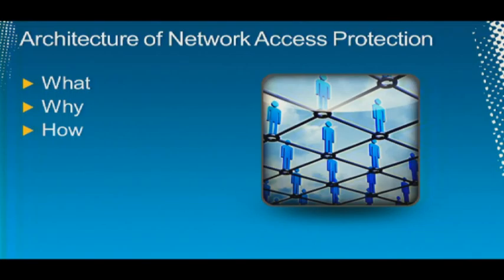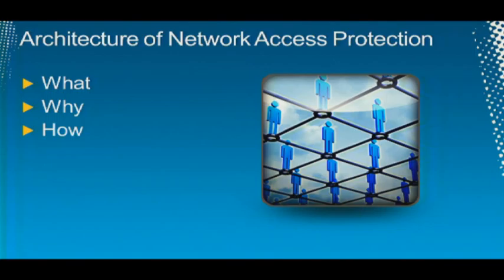So I guess we've got to start with the obligatory 30,000 feet slide. Why do we want to do Network Access Protection? What is it? It's a mechanism by which we can isolate devices that don't meet configuration criteria that we set. We want to do that because machines that don't have the latest Windows updates may be jeopardizing our connection.